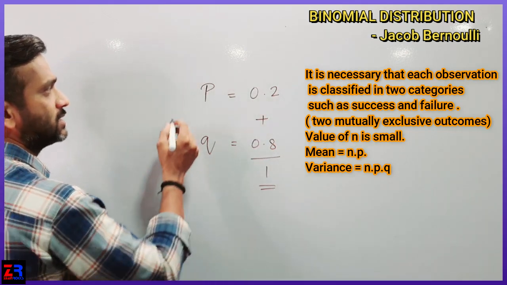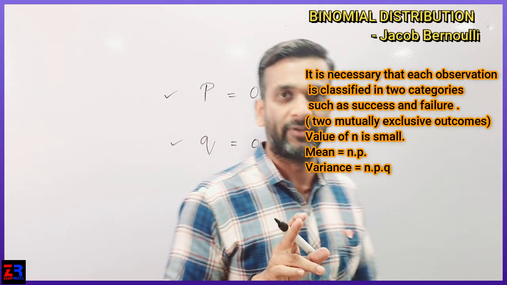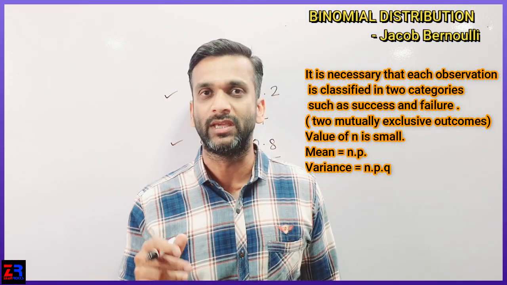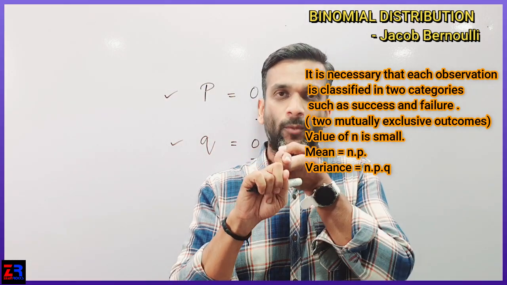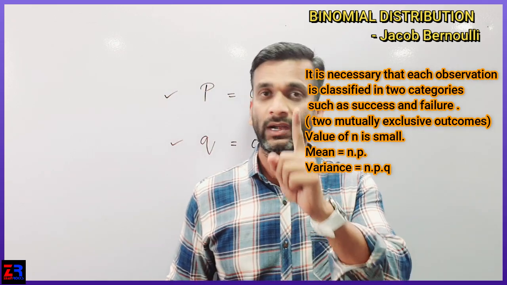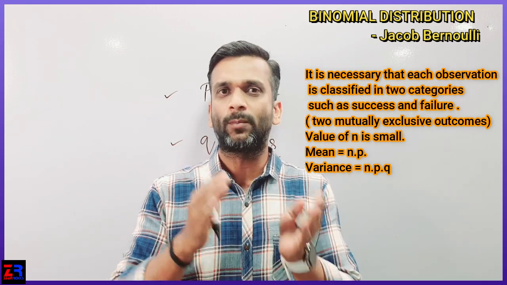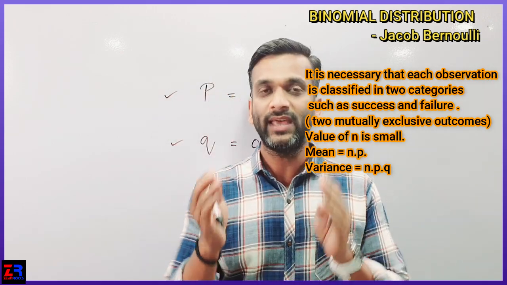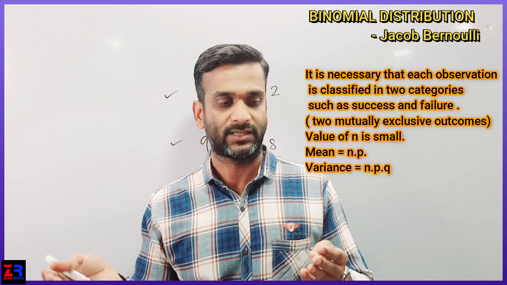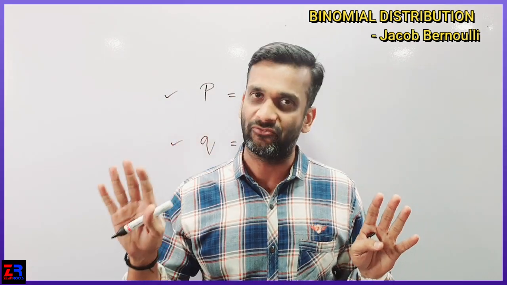That means success and failure are two complementary events. Complementary events means the total of the probabilities has to be equal to 1, that is 100%. So it is very clear that when we talk about binomial distribution, we have two aspects. One aspect is of success and the other aspect is of failure.